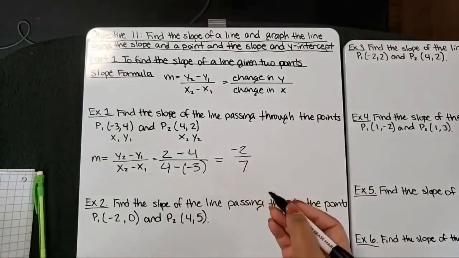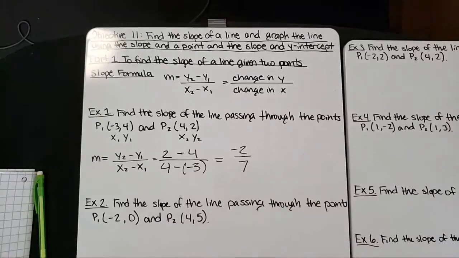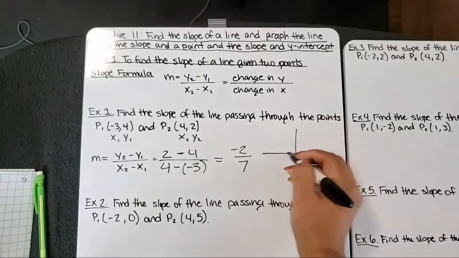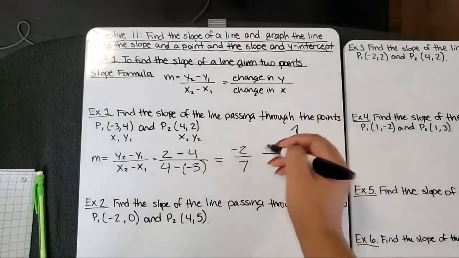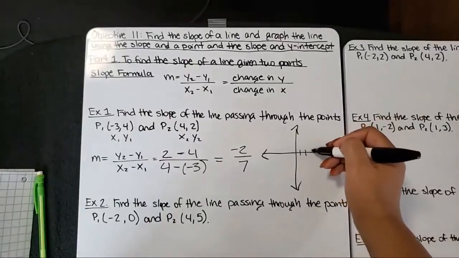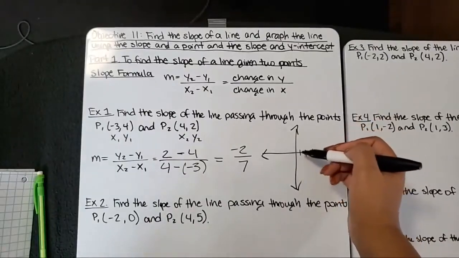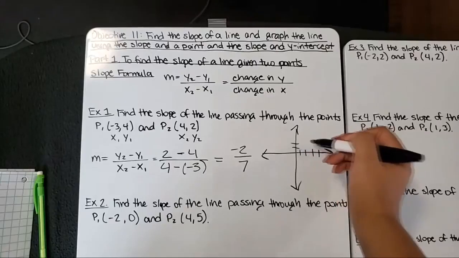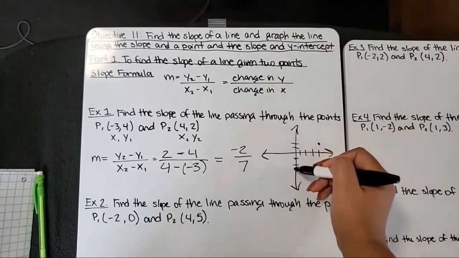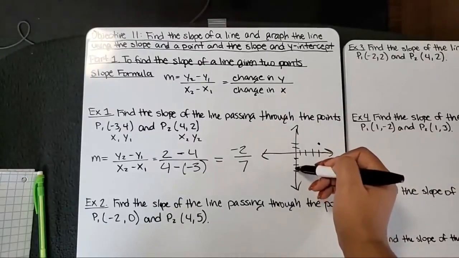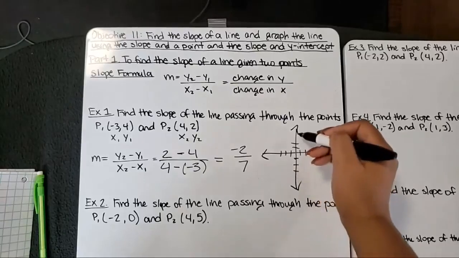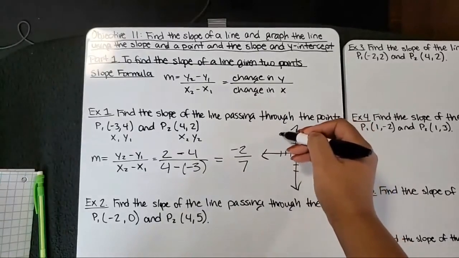That is our m. When we graph this, because they give us the 2 points, all we have to do is plot the 2 points that they gave us. So we have (4, 2) and (-3, 4).